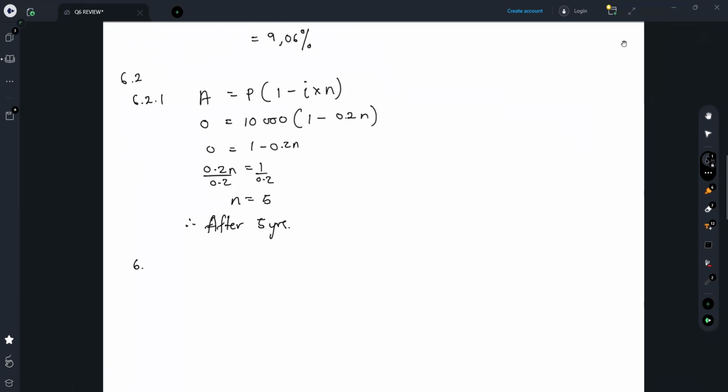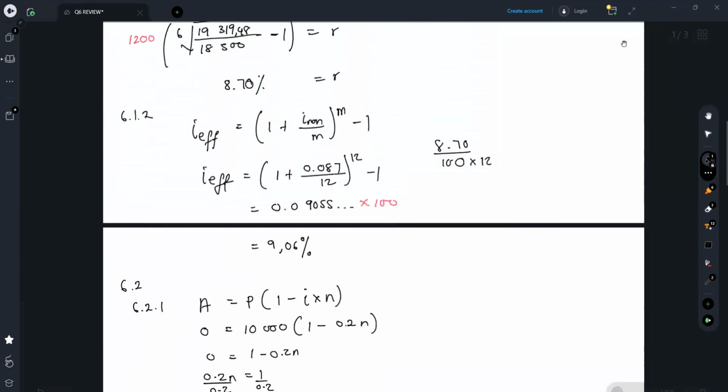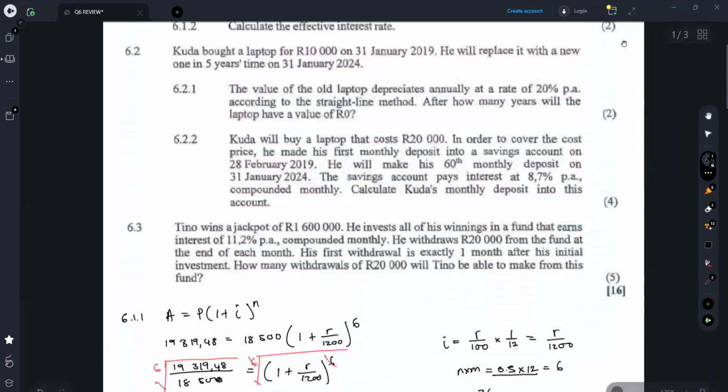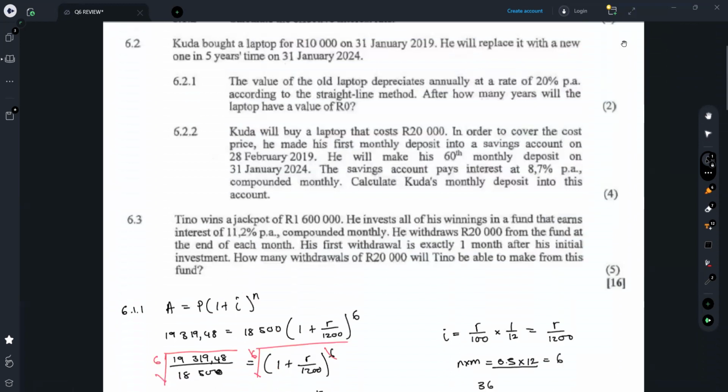Okay. So let's go on to 2.2 then. In 2.2, they're saying, Kuda will buy a laptop that costs 20K. In order to cover the cost price, he made his first monthly deposit into a savings account on 28 February, okay?